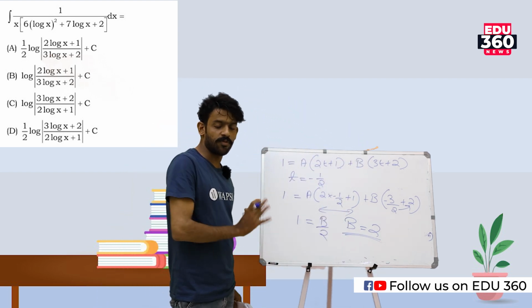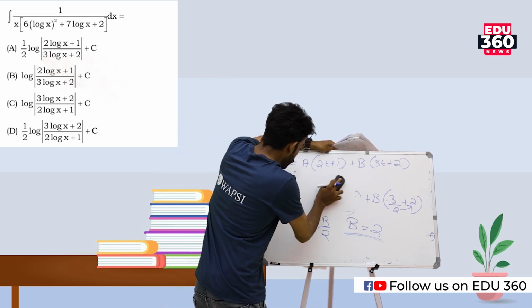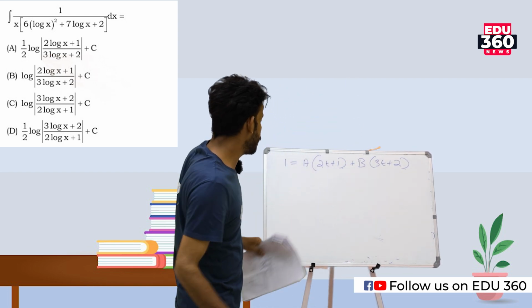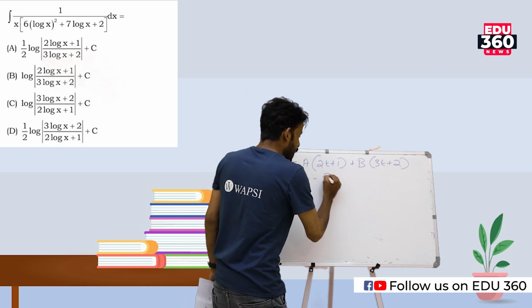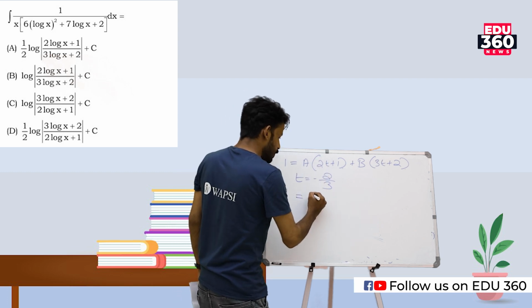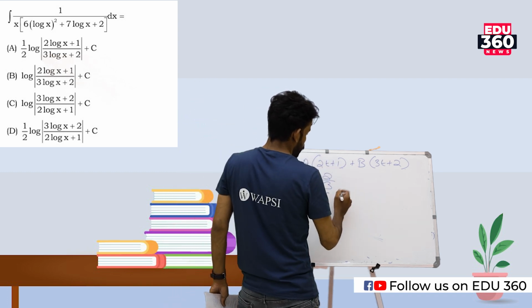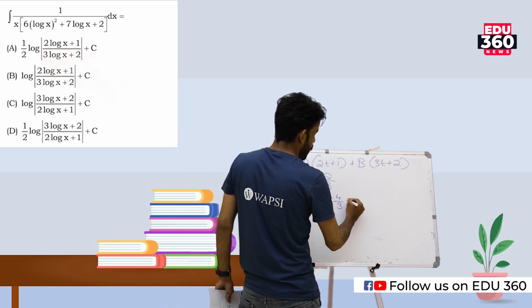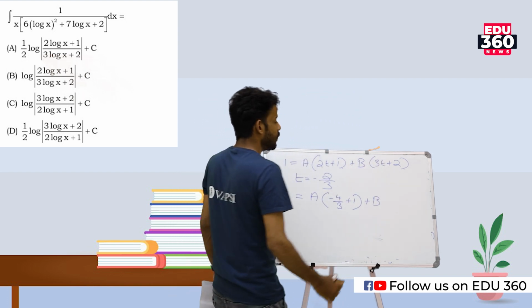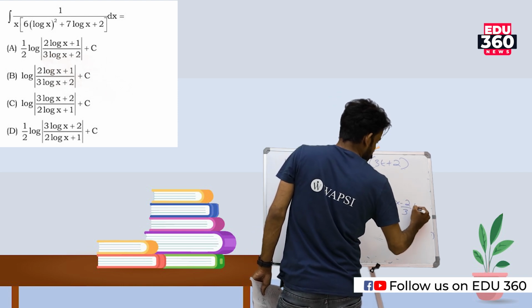So by using the same method, simply we can find A. In order to find A, just substitute t is equal to minus 2 by 3. So 1 is equal to A into (minus 4 by 3 plus 1) plus B into (3 into minus 2 by 3 plus 2).